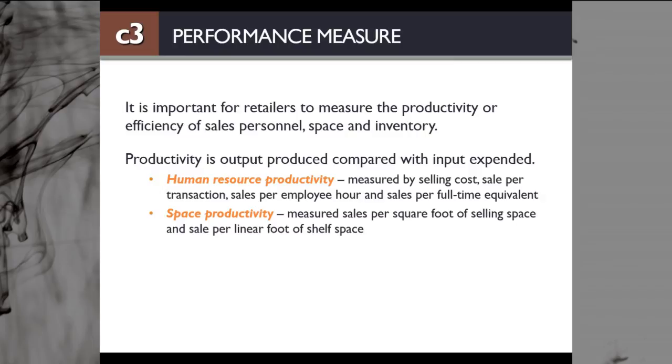And space productivity is going to be measured by the sales per square foot of selling space and sales per linear foot of shelf space. That means how much productivity you can have from this specific area of the store, and the space size.